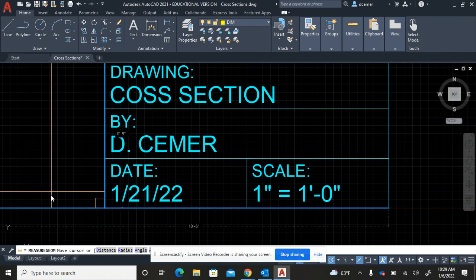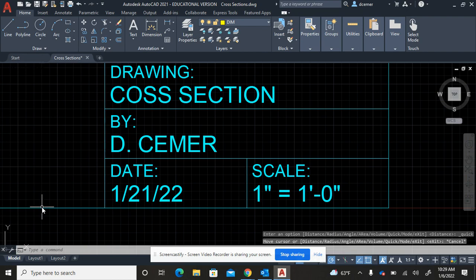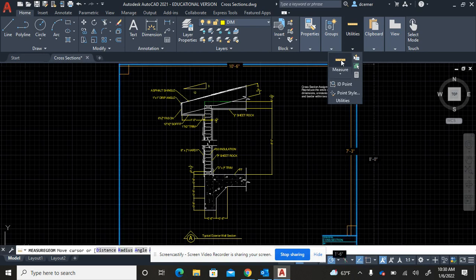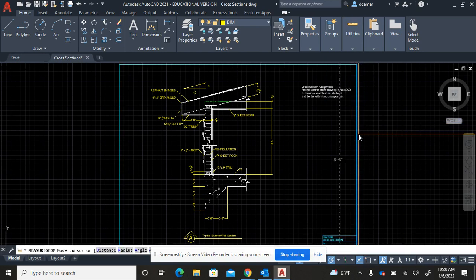Okay, that also means that this bottom border down here is 10'6", and if I zoom out, I would also notice that the right hand and left hand borders are 8 foot.